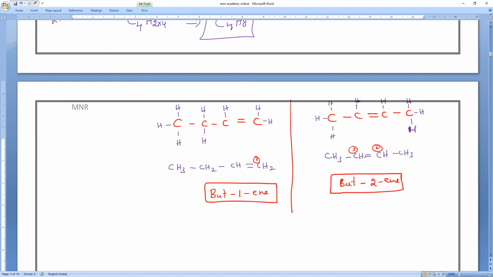That is the isomers of butene, not butane, butene. The isomers of butene: but-1-ene and but-2-ene. Any doubt, anybody can ask me. Clear, all of you?